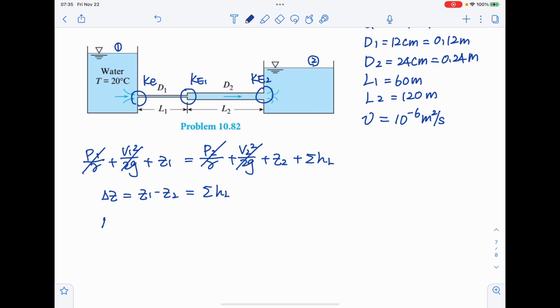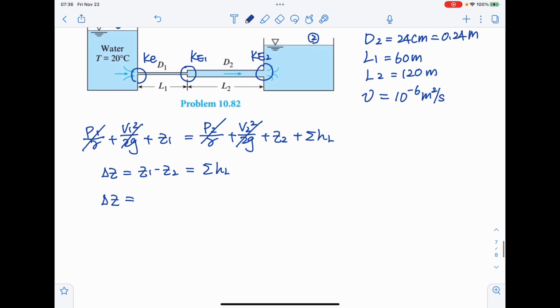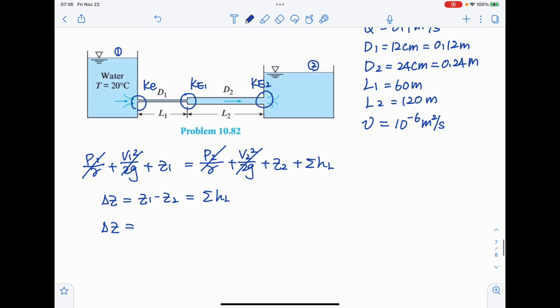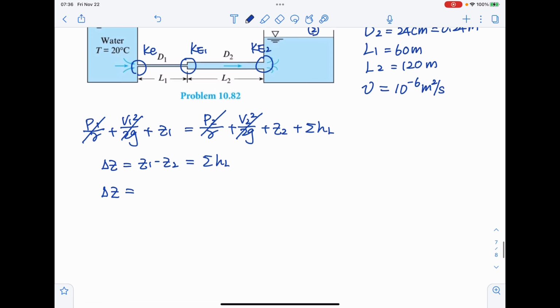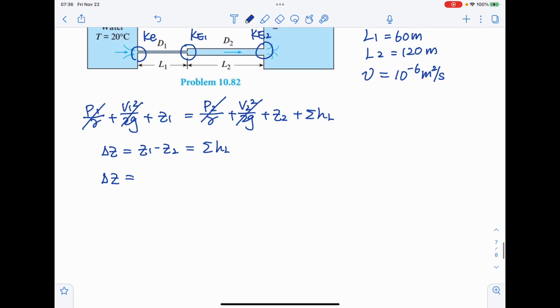So delta Z equals, for the head losses for the first part of the pipe, KE plus F1 L1 over D1 times V1 squared over 2g.